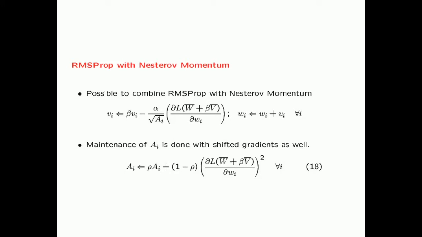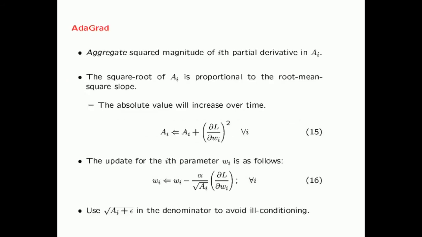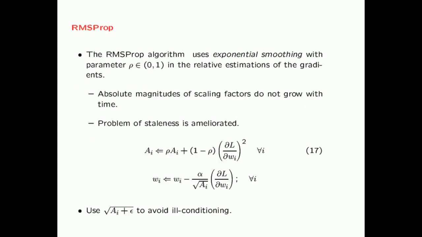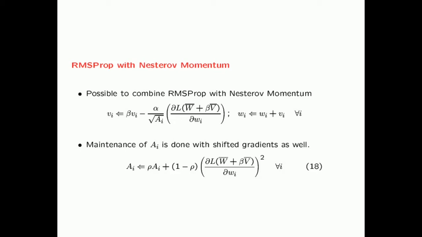So the only difference is from the Nesterov momentum update. Let's look at the Nesterov momentum update. The main difference in the learning rate is that Nesterov momentum just uses alpha as the learning rate. And here you are adding the rmsprop component by having alpha divided by the square root of AI. This normalization factor AI is also computed using the look ahead.